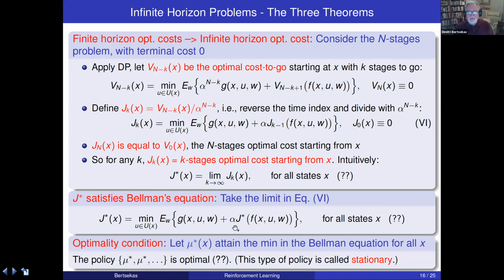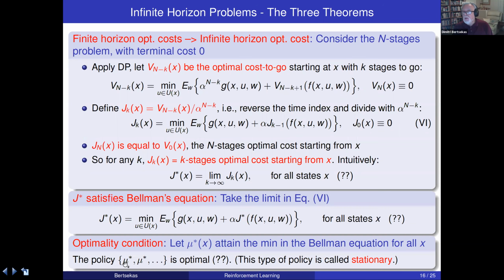And the third theorem is an optimality condition. Suppose that you have found J star. Then if you minimize in the right-hand side of this Bellman equation for every x and piece together the minimizing controls into a policy, then this policy is optimal. Notice that this policy is stationary.